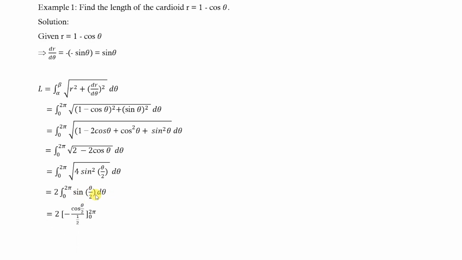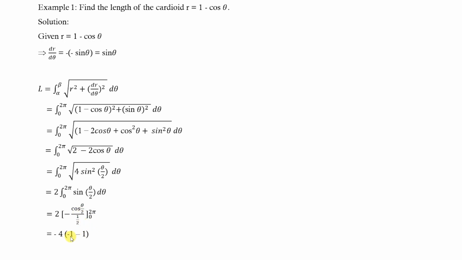Integrating sin theta by 2 with the constant 2 outside: the integral of sin theta by 2 is minus cos theta by 2 divided by the derivative of theta by 2, that is half, with limits 0 to 2 pi. Applying the limits, minus 2 into 2 becomes minus 4, times cos of 2 pi divided by 2, that is cos pi, which is minus 1, minus the lower limit cos 0, that is 1.